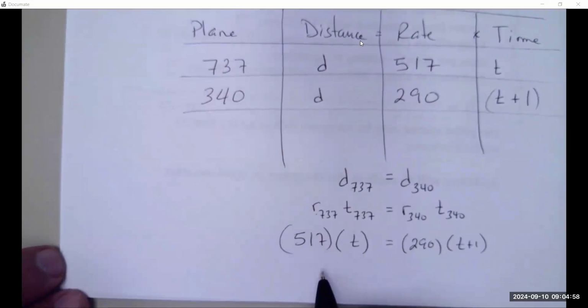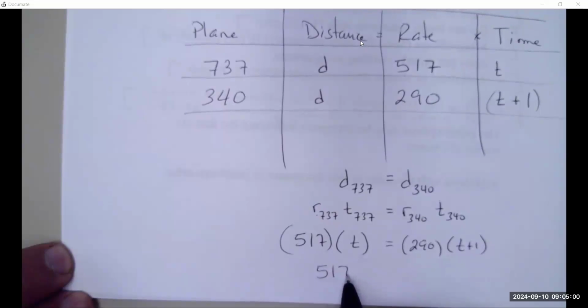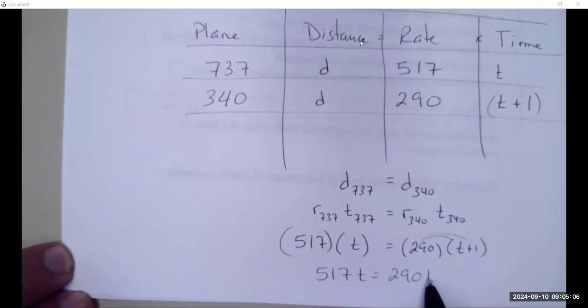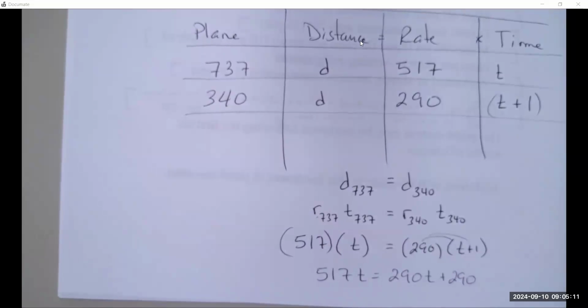So we multiply, get rid of the parentheses, and then distribute that one. So it's 290t plus 290.